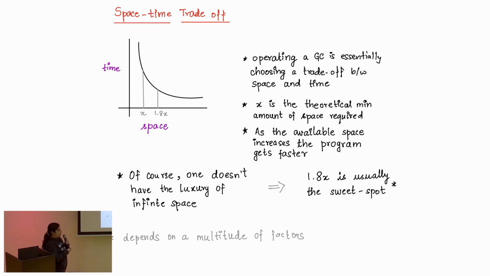So, essentially, a GC lets you not worry about things like memory allocation or how your program handles memory, right? So just remember that we are picking a trade-off between space and time. If you have very little space, your GC is going to run for a long time. If you have a lot of space, your GC is going to run for a lesser amount of time, but of course you would end up using a lot more memory. So there is that.